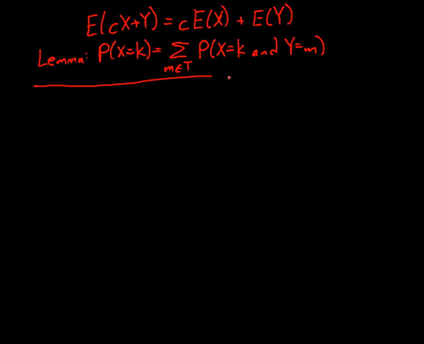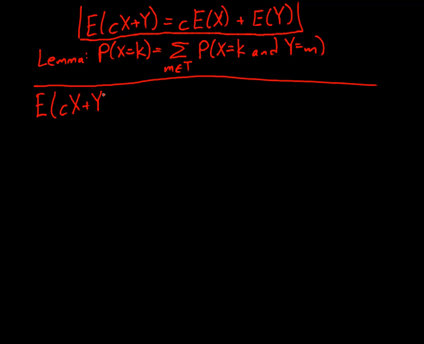We're going to use that to prove linearity of the expectation, which is that statement at the very top. So I'm going to start off with the expectation of cX plus Y. I'm going to write out what that is. It's the sum, I'll write what we're summing over as the last part, of ck plus m times the probability that X is k and Y is m.